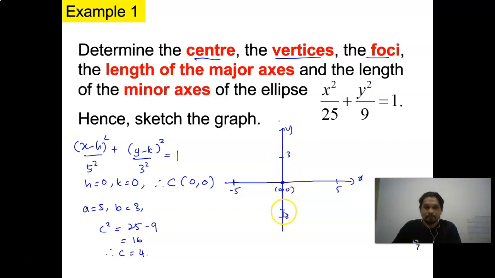Now c equals 4, meaning that from (0, 0), move 4 units to the left, which is negative 4, 0, and 4 units to the right, which is 4, 0.